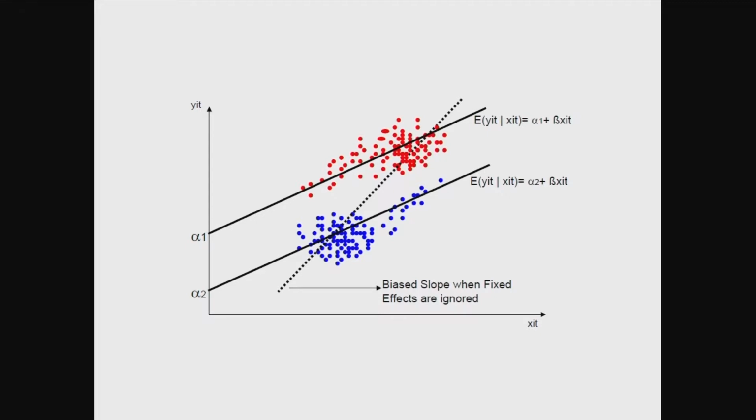Does this line represent the reality? In theory, no. Why? Because we can see here that there is an important individual dimension that should be taken into consideration. And if we take this into consideration, we must have, for each group, an intercept.